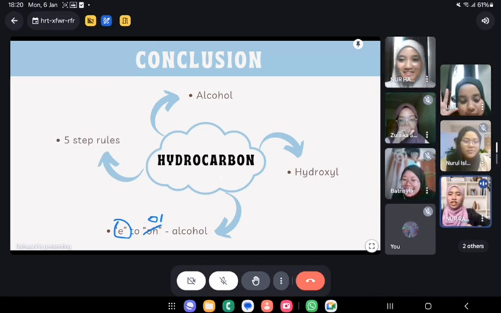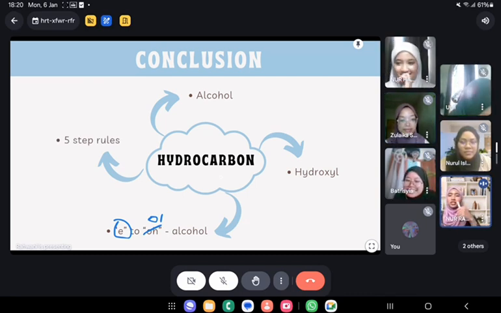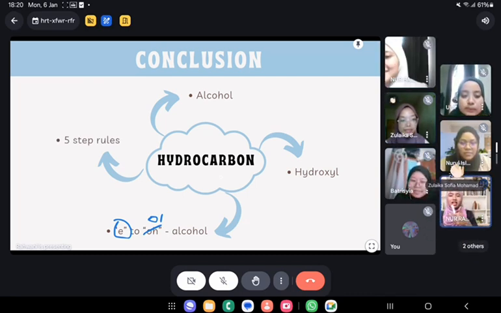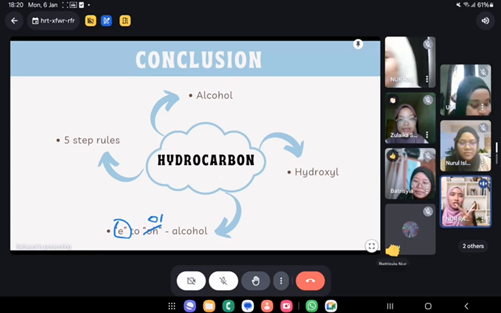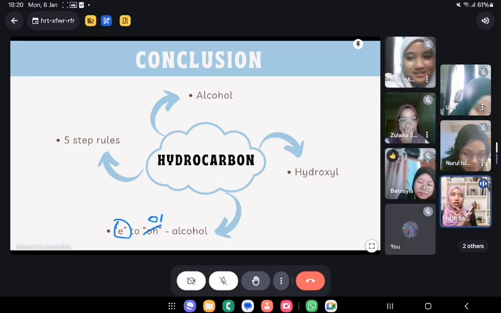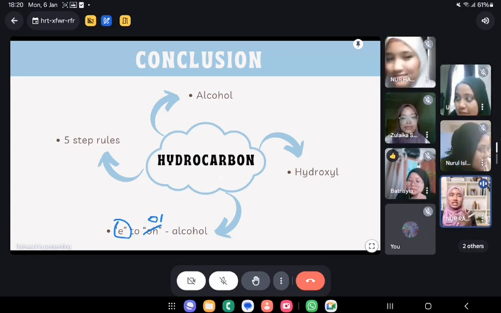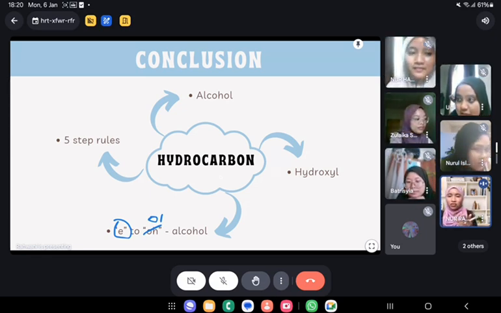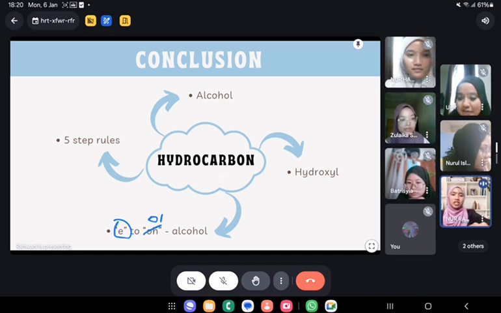Alright, thank you everyone. So we have learned 5 steps, the first one is to draw the molecular structure, and then the second step is to identify the longest carbon chain. The next step is to derive the alkane name. The fourth step is to replace the suffix E of alkane with ol. And finally is to count the molecular structure.